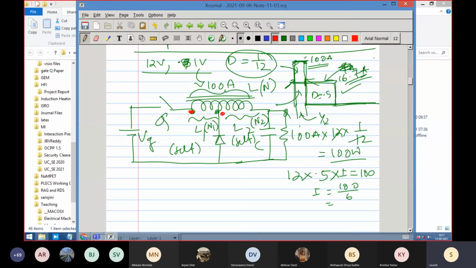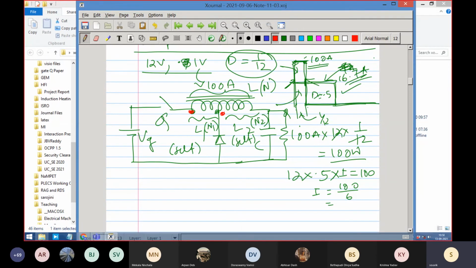Any current going through that coil produces flux in the same direction as the current flowing through the second dot terminal. So these fluxes are added up. This is the implication of the dot.